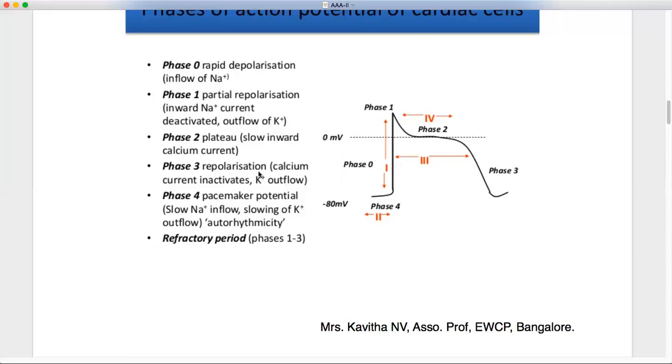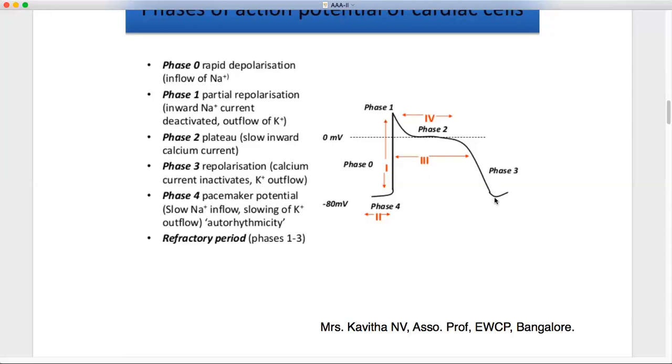So when the potassium channel opens, the potassium flows out of the cell. So positive ions go out of the cell, and when the positive ions are going out, the negativity is created. So that is repolarization. Negativity is the repolarization.